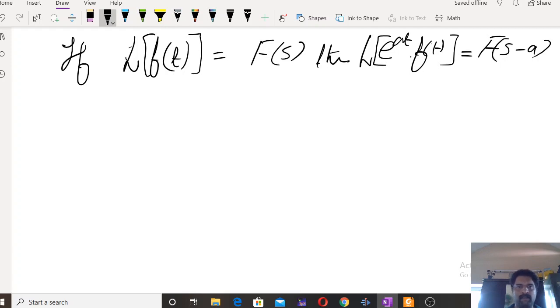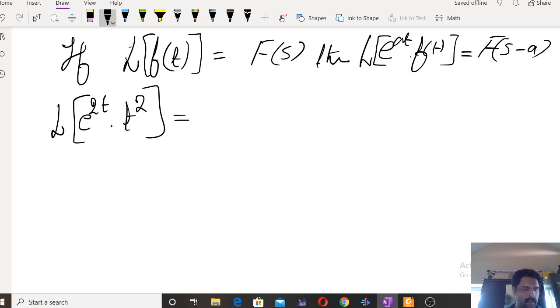This is known as the first shifting theorem. We are not going into the proof of this result, but it is very helpful in finding the Laplace transform of functions, say for example, e raised to 2t into t square. These kinds of functions are popular.